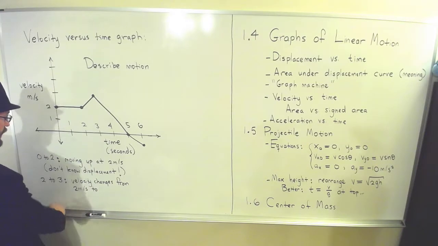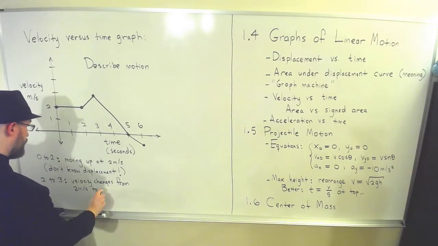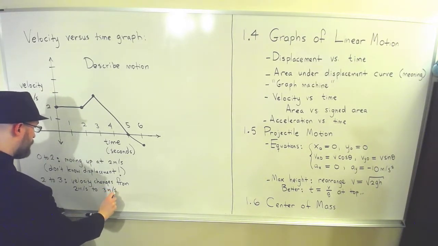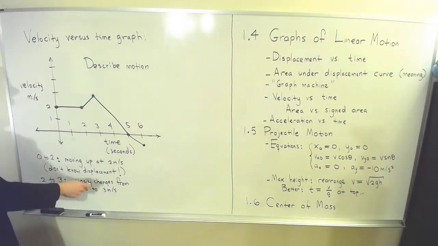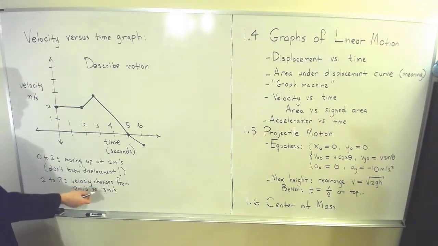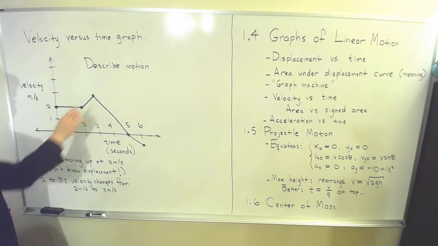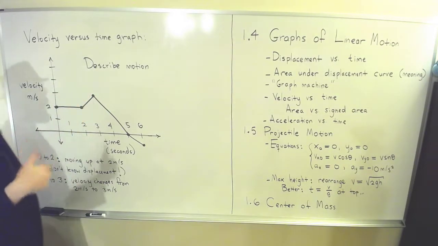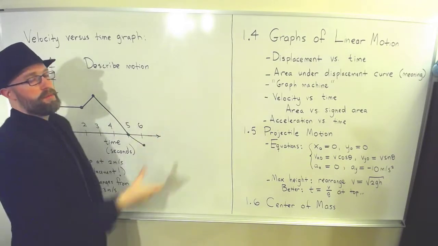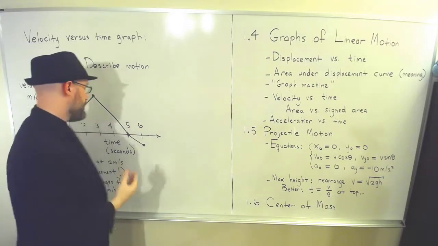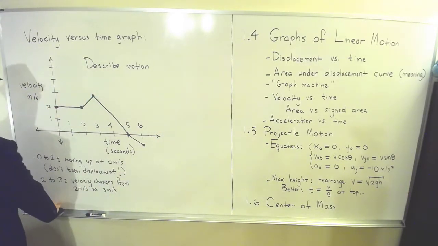And I can add the detail that the velocity is changing constantly. It's a straight line here, so the straight line means that the acceleration is constant. And really, we're limiting ourselves to a constant acceleration setting throughout all this.